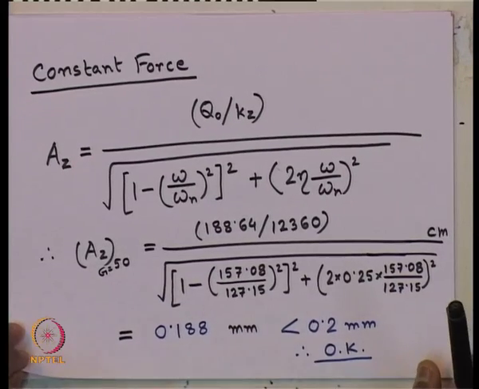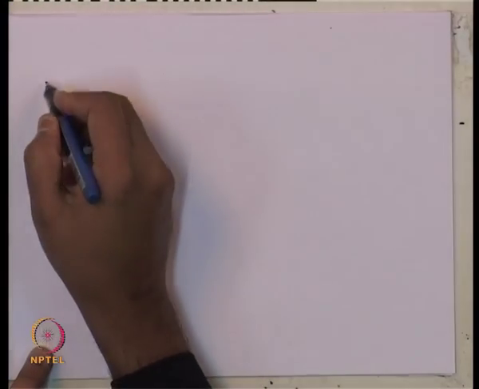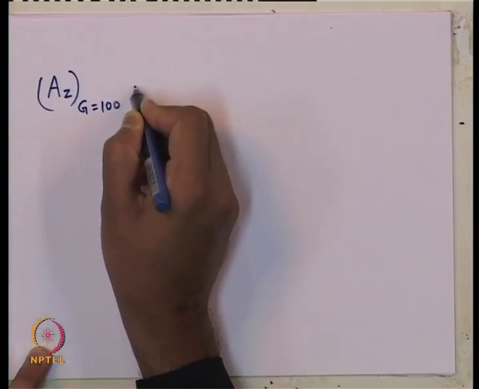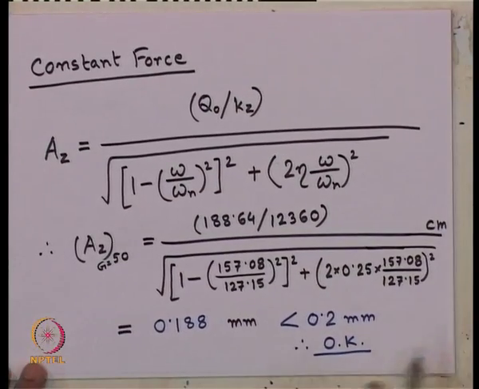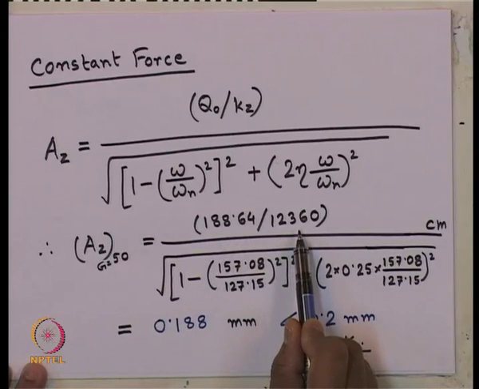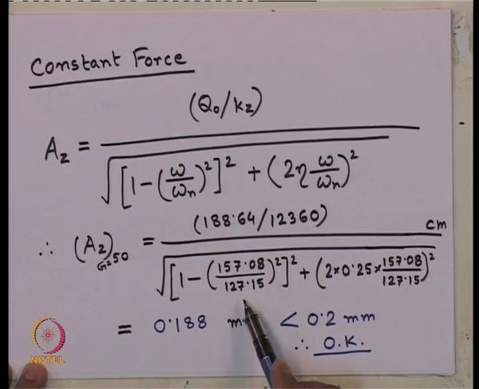Now, for the other two types of soil, let us compute Az again. Az for G equals 100 TSF: Q naught will remain the same, Kz will change, so we use Kz for G equals 100 TSF. Omega, the operating frequency, will remain the same, whereas omega n will change.